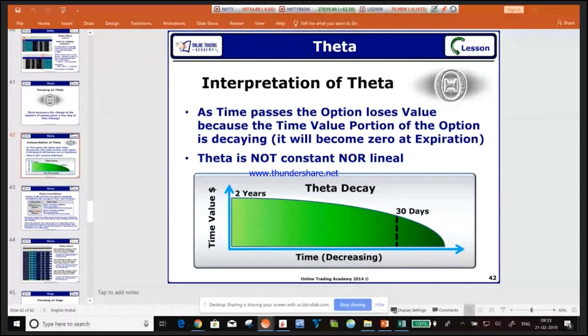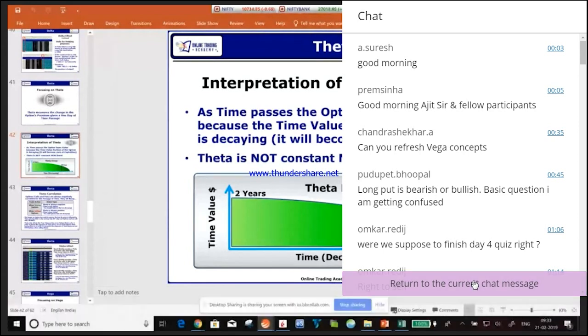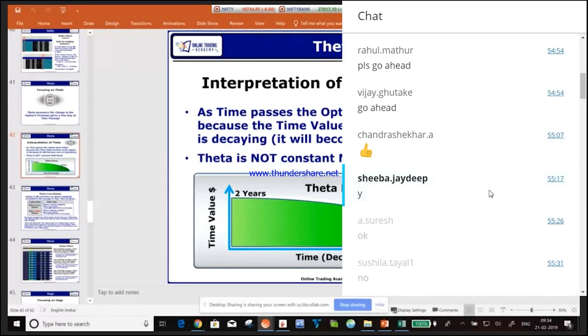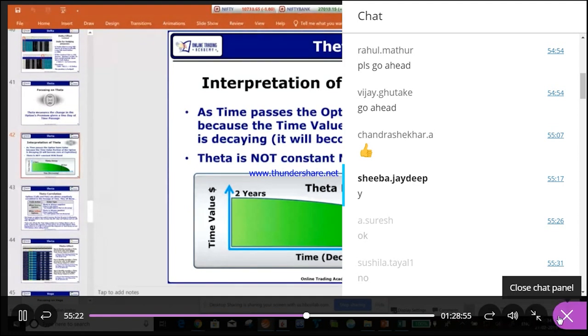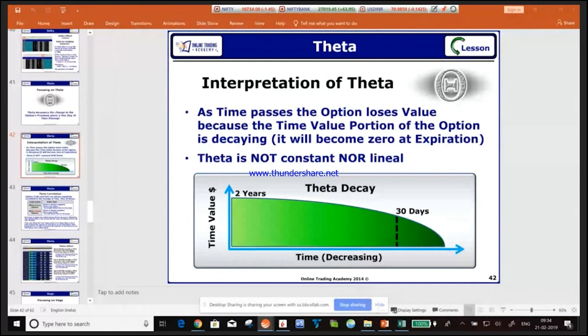Go ahead. Mr. Suresh, Ramesh, Arun, Pudupet, Sushila, Shiba, Chandrasekhar. No questions?